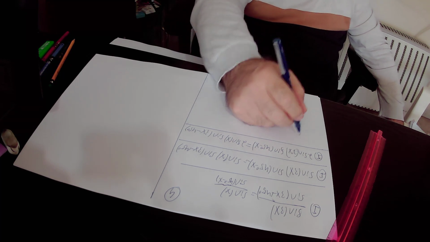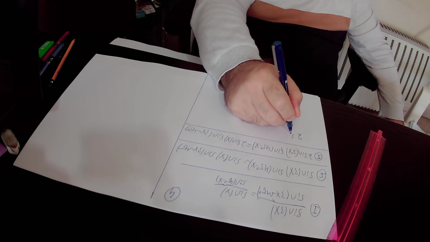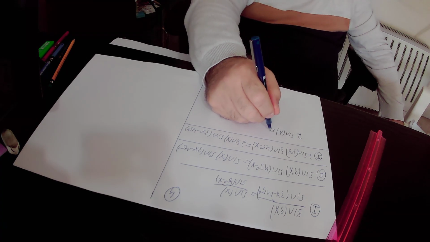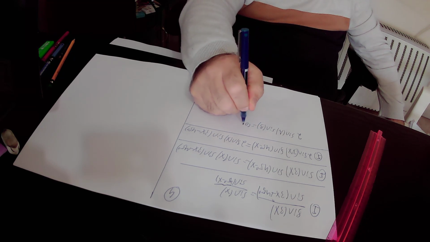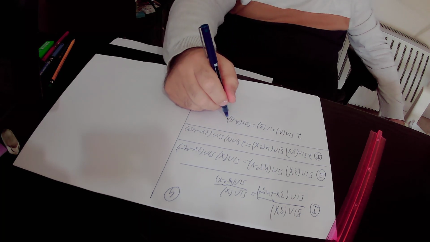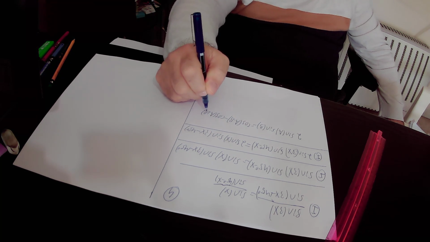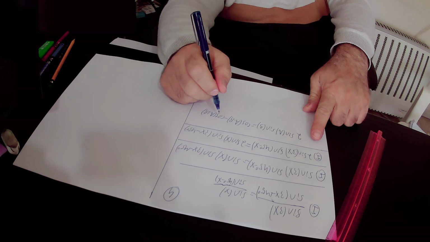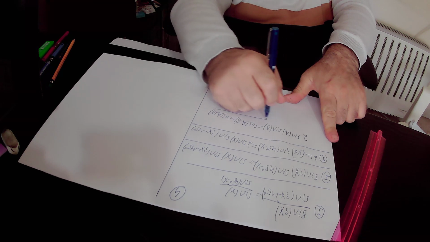So I write down the trigonometric identity that 2 sine a sine b equals cosine a minus b minus cosine a plus b. We will use this trigonometric identity in order to simplify our equation number 1.